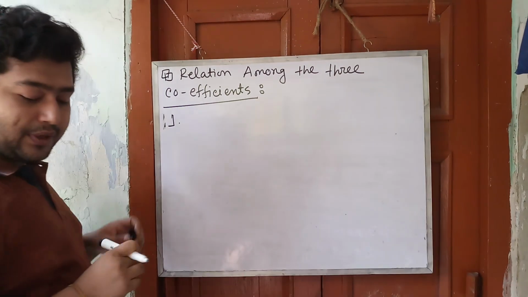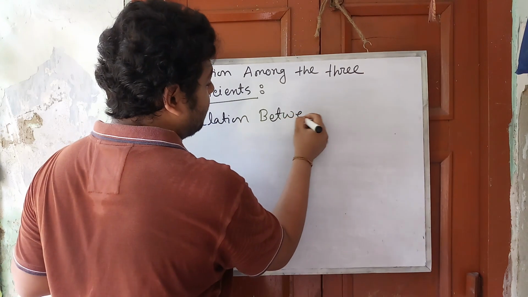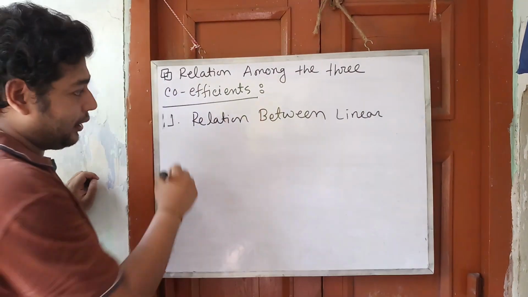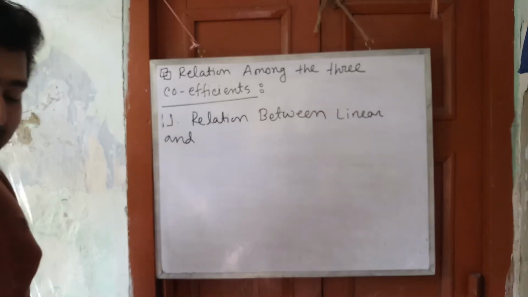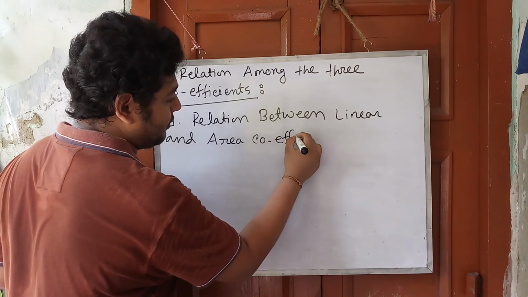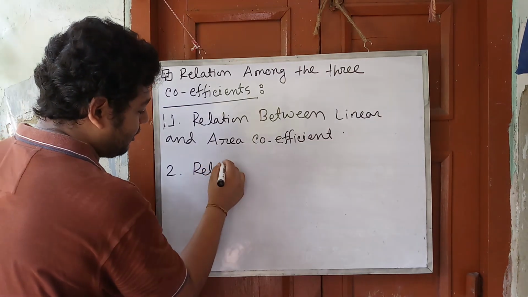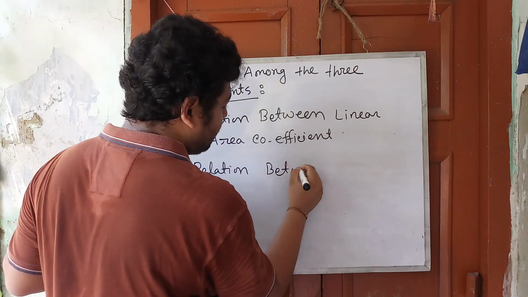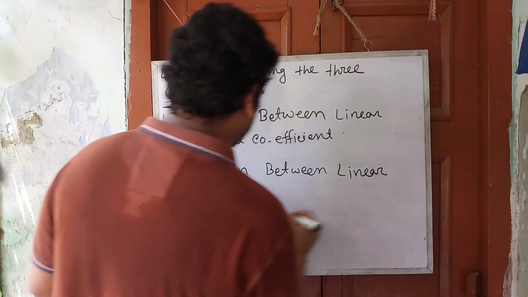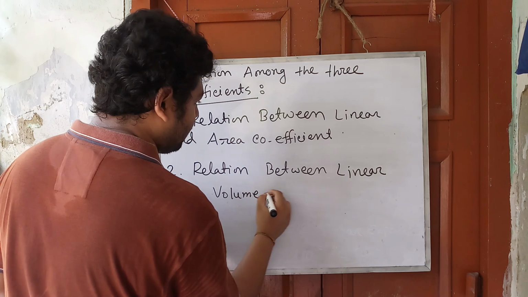One is the relation between linear and area coefficient, and the second is the relation between linear and volume coefficient.